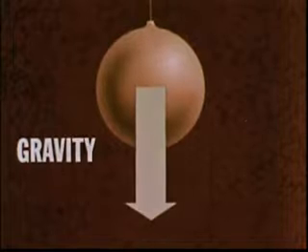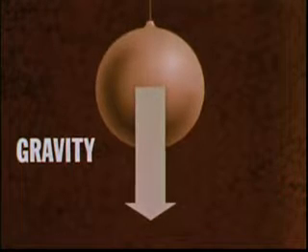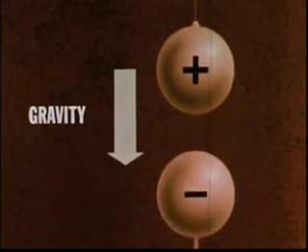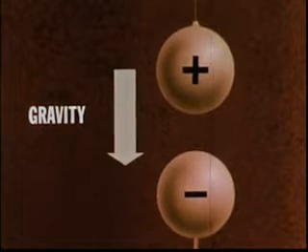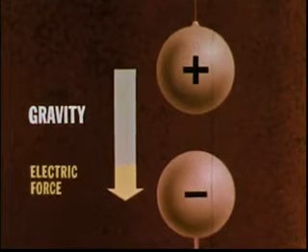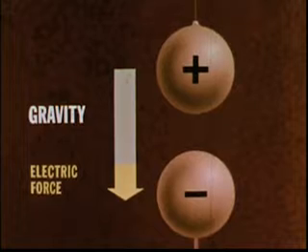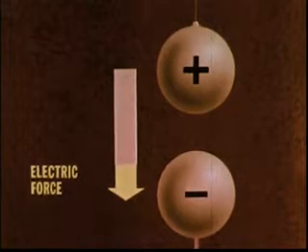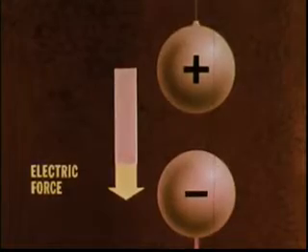The force of gravity causes the original weight reading on the balance. Now, with oppositely charged spheres, the balance reading increases by an amount due to the electric force. If we subtract the weight due to gravity from the total apparent weight, a measure of the electric force remains.